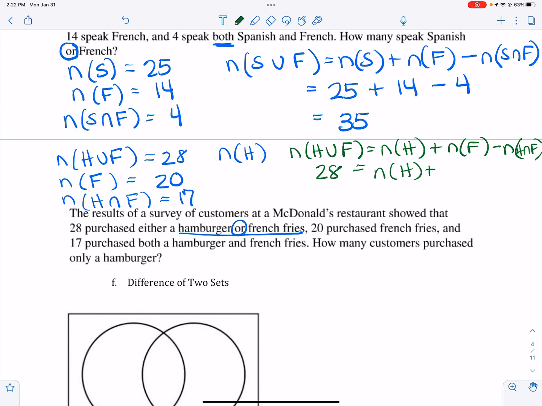The number of French fries is 20, and the number of both is 17. So now this equals 3 plus number of H equals 28. And so the number of people that purchased just a hamburger is 28 minus 3, or 25.